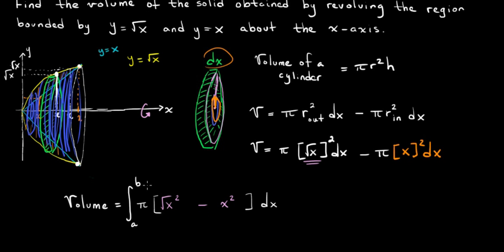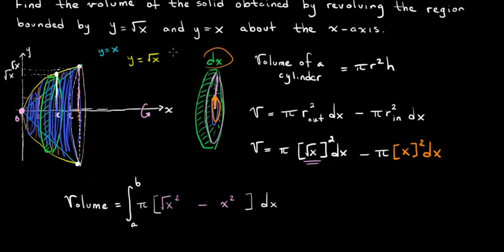Well, let's figure out what our limits are. Notice that we're starting here at 0, and it looks like we are ending here at some intersection point. My picture has gotten so messy by now that I can't even make sense of it. But notice it looks like we're starting at 0, and we have some intersection here that I need to find.